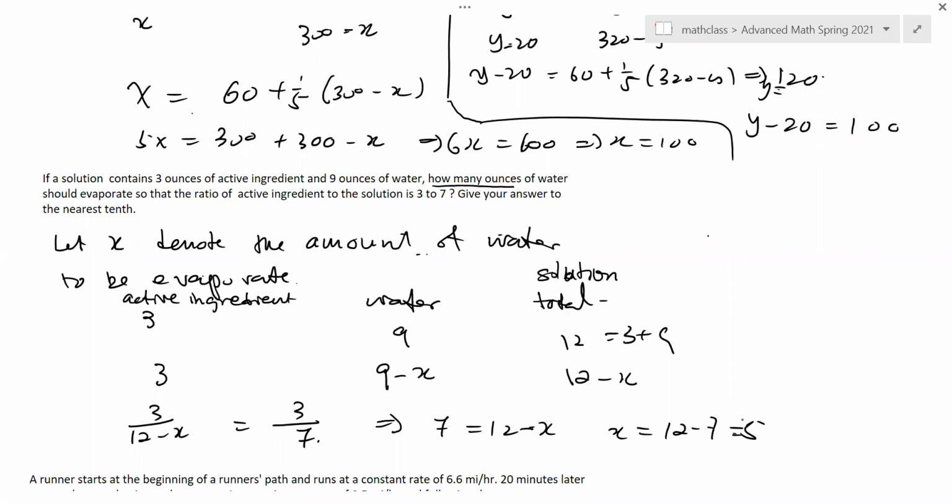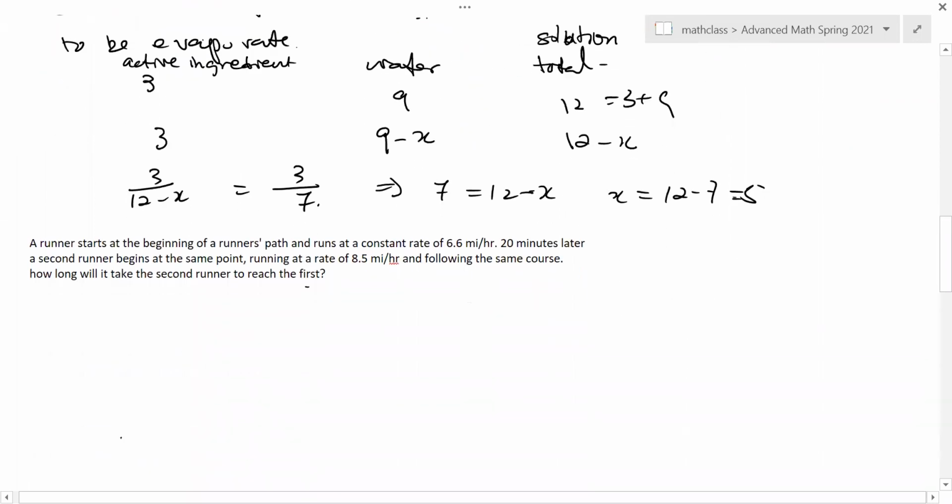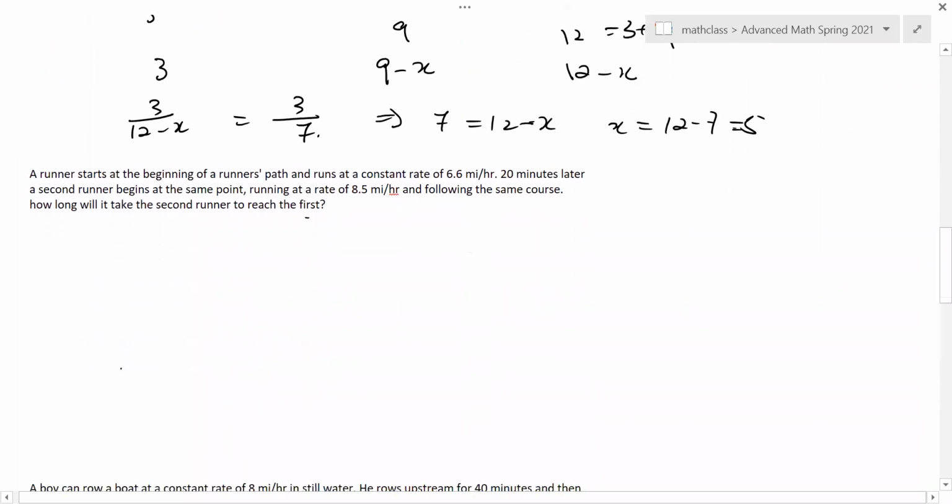All right. The next problem, I want you to figure out by yourself. You have to name the variable. A runner starts at the beginning of a runner's path. Draw the picture. The runner runs at a constant speed of 6 miles per hour.